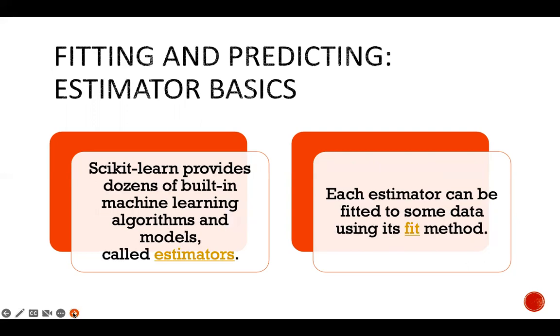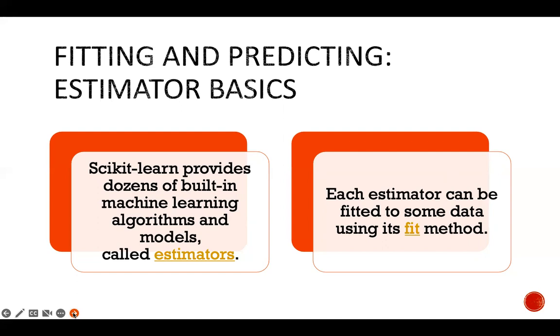So in order to start our machine learning journey with Scikit-learn, we need to understand two basic concepts. One is estimator, the other is the fit method. So estimator is actually a method built into this particular library, where you can access different machine learning algorithms and models, and each algorithm or model is called an estimator in Scikit-learn.